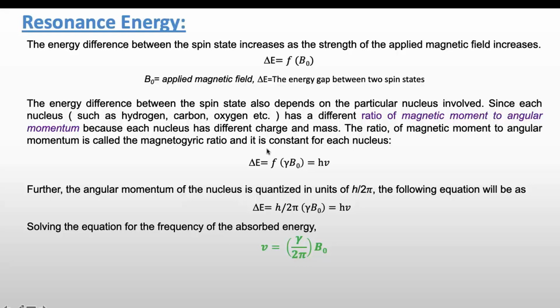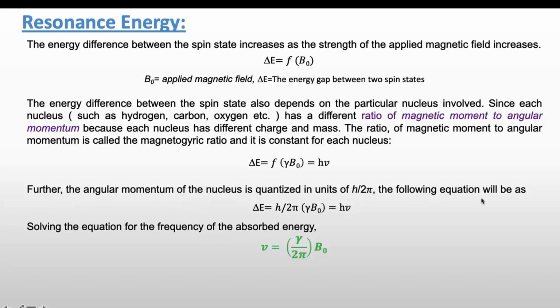So we can say now the gap between energy states will depend on the magnetogyric ratio as well as the applied magnetic field. Because delta E is also equal to h nu, we can equate both terms, that is gamma B0 equal to h nu. Further, the angular momentum of the nucleus is quantized in units of h upon 2 pi.